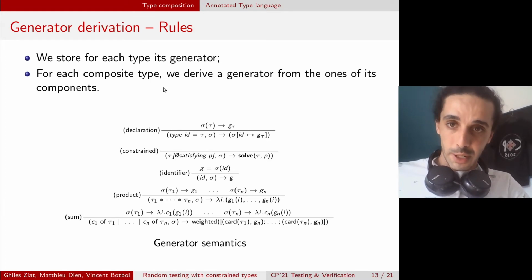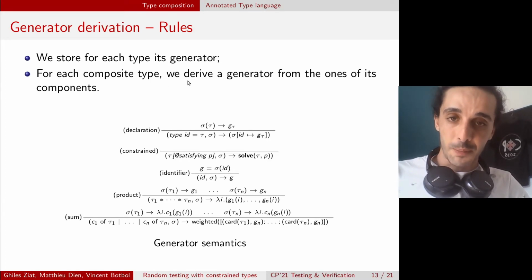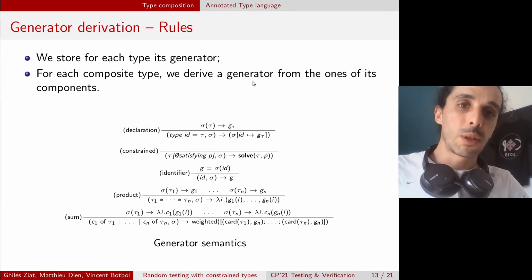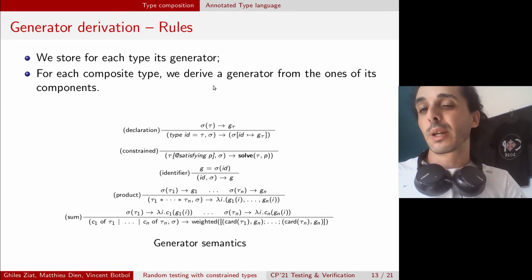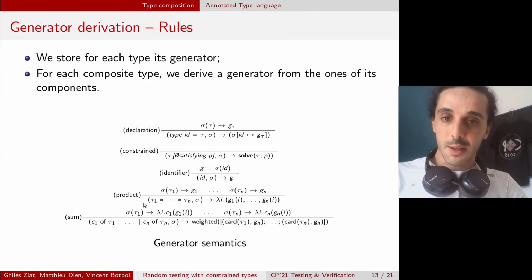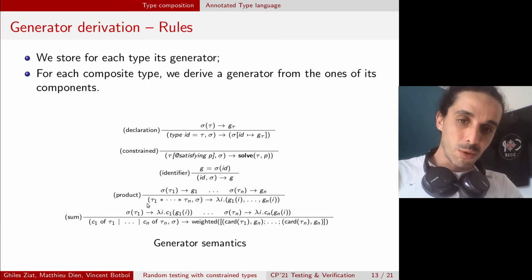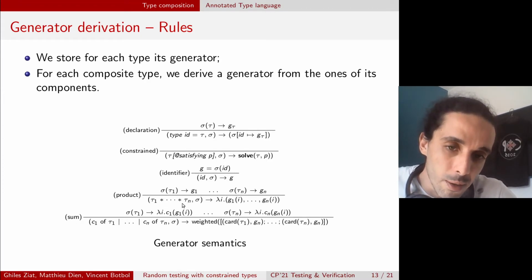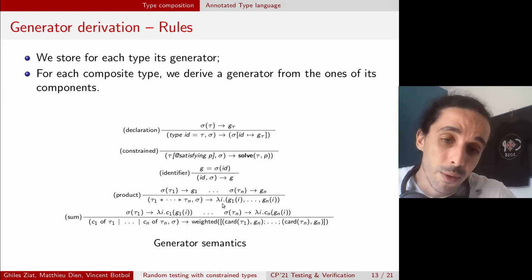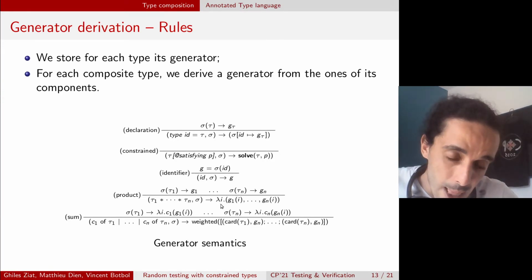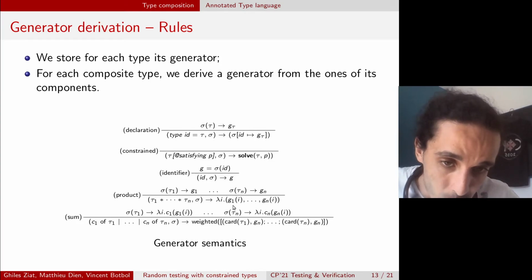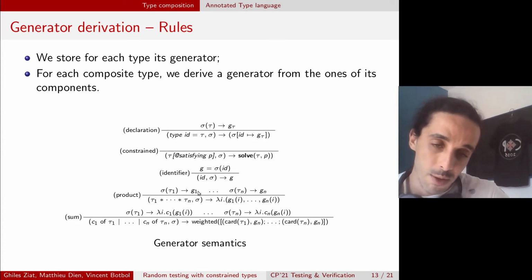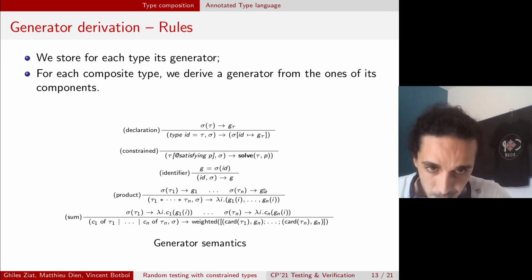So for example, for each composite type, we have a rule that explains how to derive a generator from the generators of its components. So if we take the example of the product types, so tuples in our case, if we have a tuple tau1 to tau-n, we build the generator that builds a tuple using all of the generators associated to the tau-i. So to tau1, the generator associated is G1, and so on and so on.